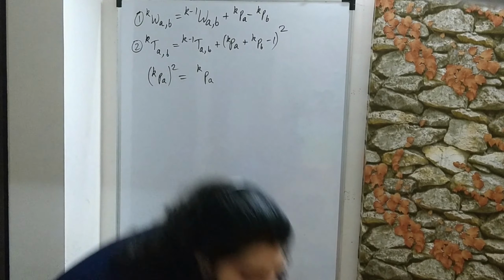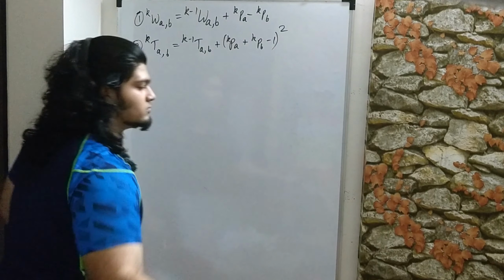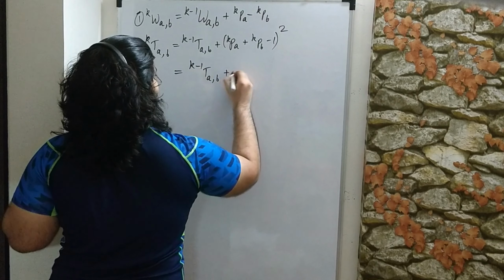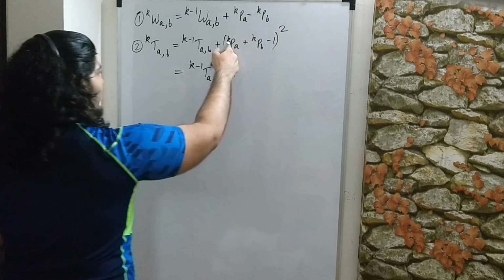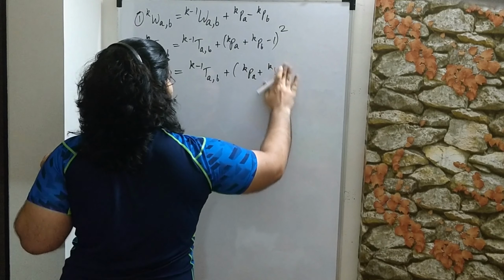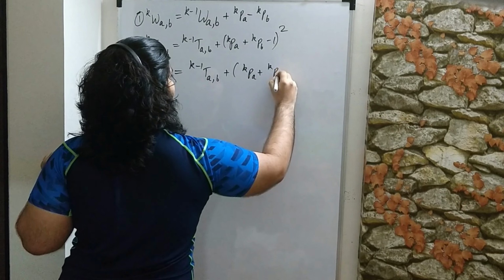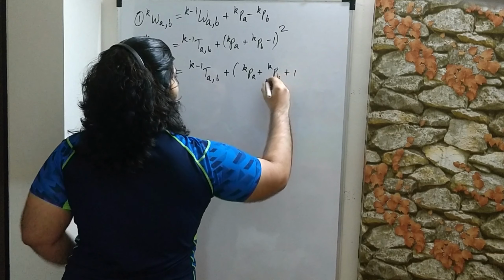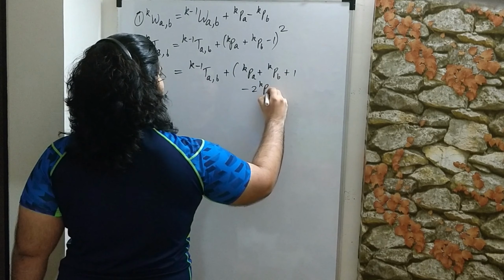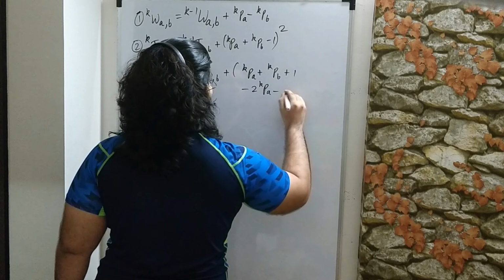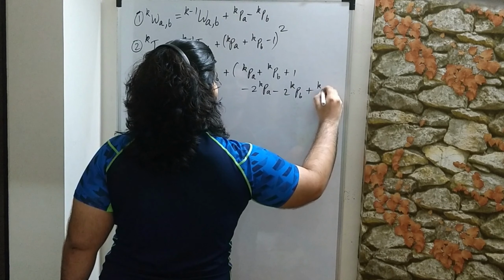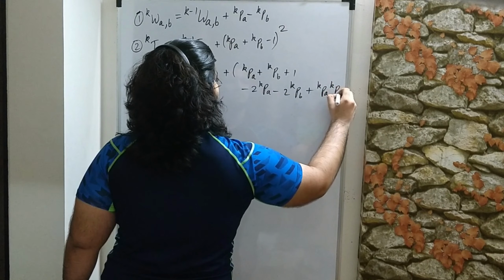So let's do it. So I'll rub this off. So this is equal to k minus 1 TAB plus, and then this squared is just KPA, this squared is KPB, and then this squared is 1, and then we get the additional term, so minus 2KPA minus 2KPB, and then plus 2KPA KPB.